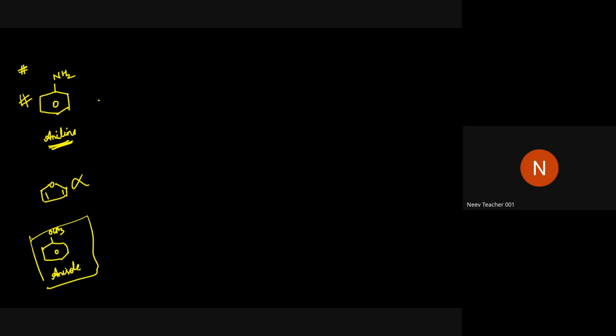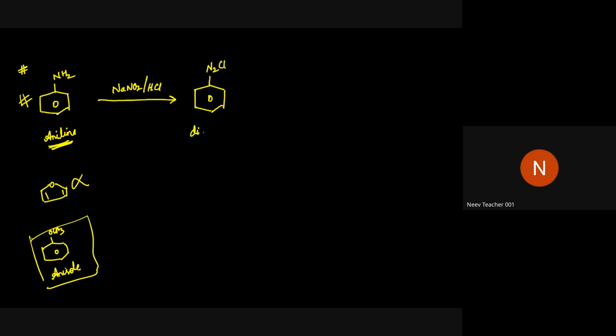When aniline reacts with NaNO2 and HCl, it forms something known as a diazonium salt, N2Cl.